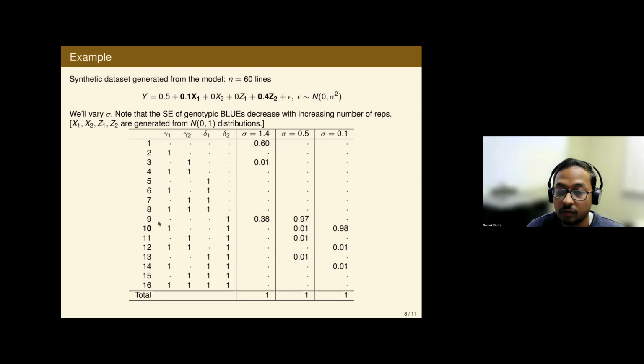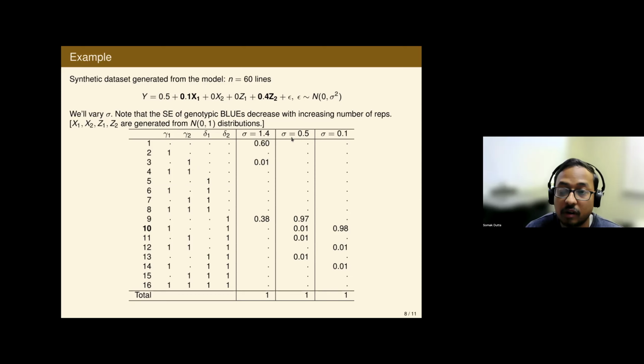There is one model, model number 9, which thinks the second gene is important. That gets a decent posterior probability, 0.38. But most of the mass is on the null model, and a little bit on model number 3, which is also a wrong model. It thinks the second SNP is important. Only 1% of the mass is there.